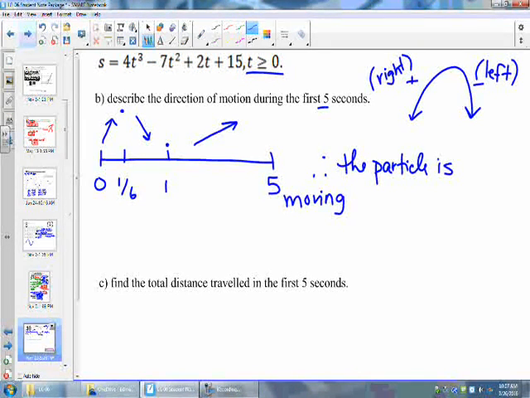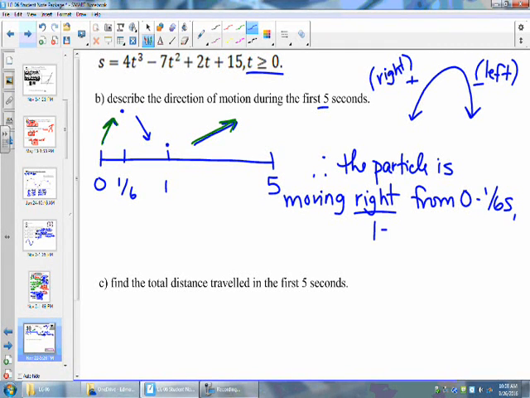Now again, if I kind of color code this, here and here, this is up. So that we can say up, we can say right. So the particle is moving right from 0 to 1 over 6 seconds and 1 to 5 seconds.